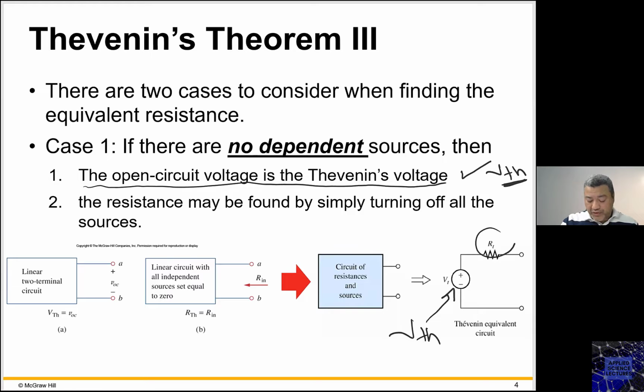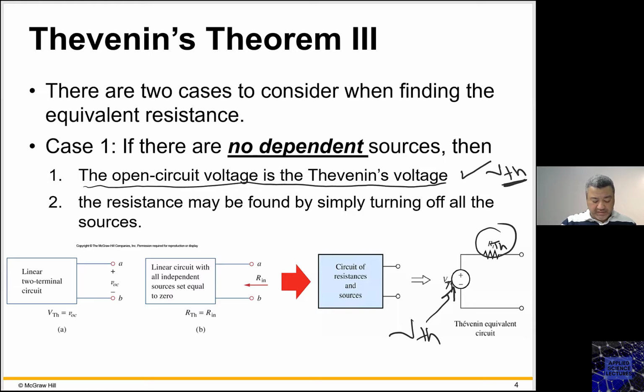So what about R Thevenin? If I have no dependent sources, which is case number one, I need to switch off those independent sources and look at the output and find the resistance.